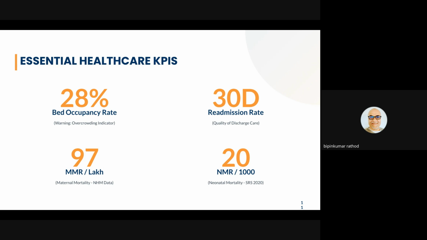Now tell me from these KPIs, if our readmission rate goes up, is it good or bad for us? What do you interpret? Like our 30-day readmission rate, it's going up. Is that good for the hospital or bad for the hospital?